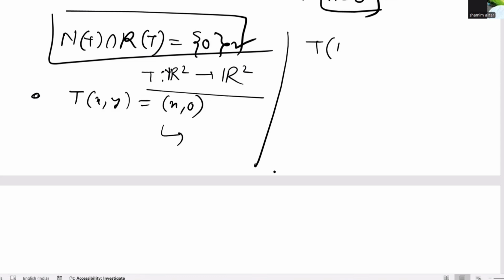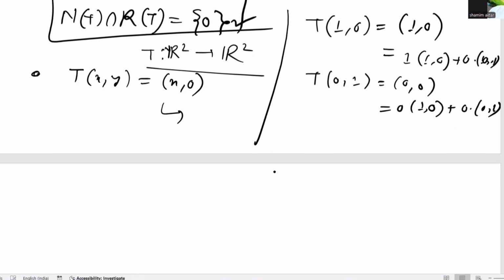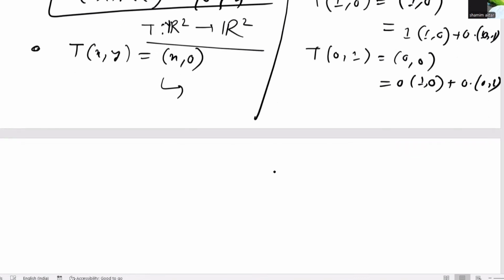T of (1,0) equals (1,0), which is 1 times (1,0) plus 0 times (0,1), in the standard basis. T of (0,1) equals (0,0), which is 0 times (1,0) plus 0 times (0,1). So the matrix representation with respect to the standard basis has rows (1,0) and (0,0).